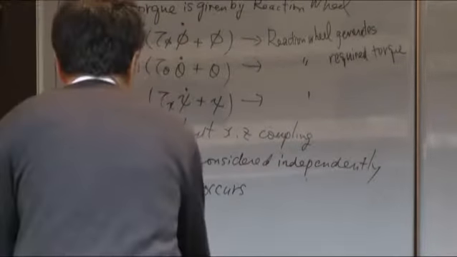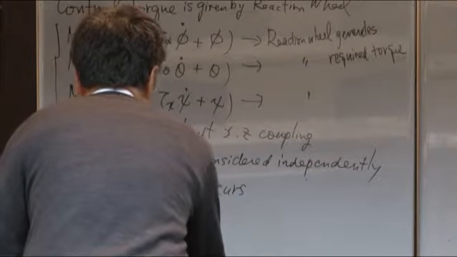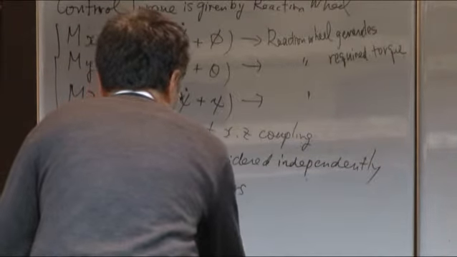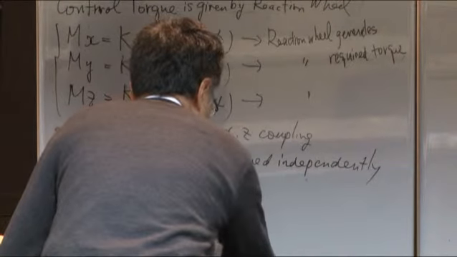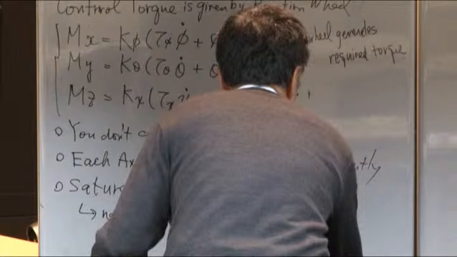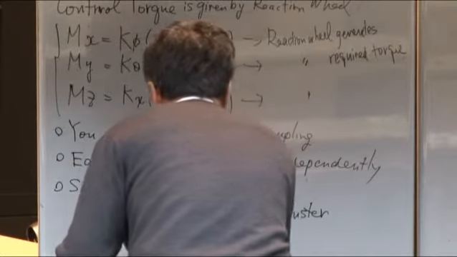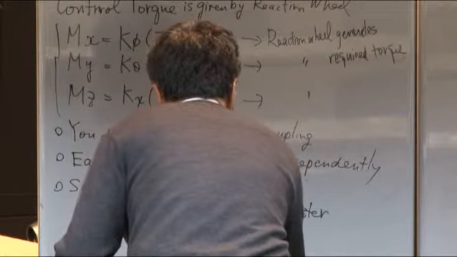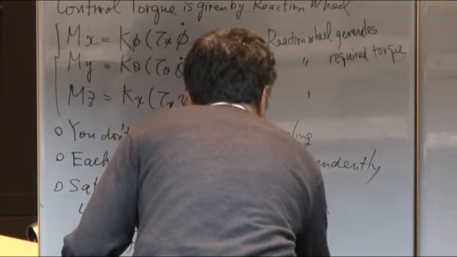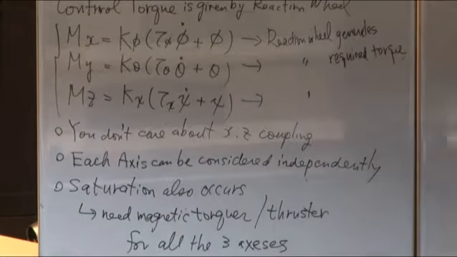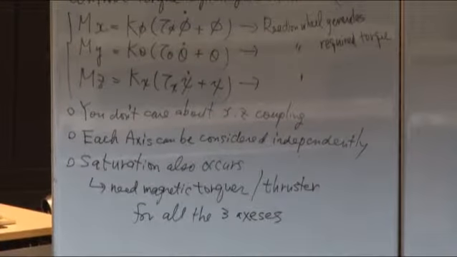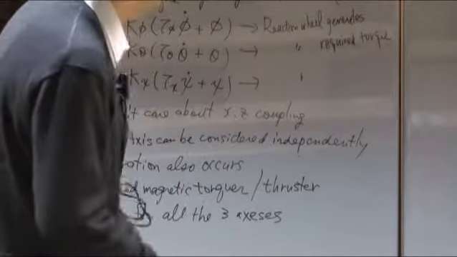Okay, so you need magnetic torquers or thrusters for all the three axes. So this is very simple. The zero momentum system is very simple, just like that.